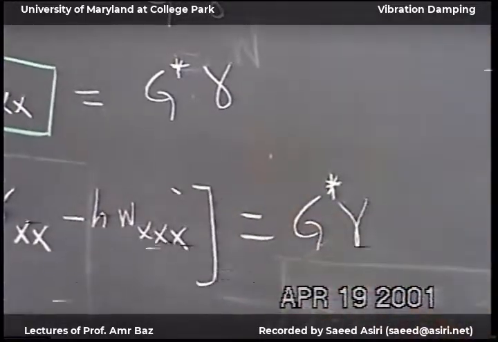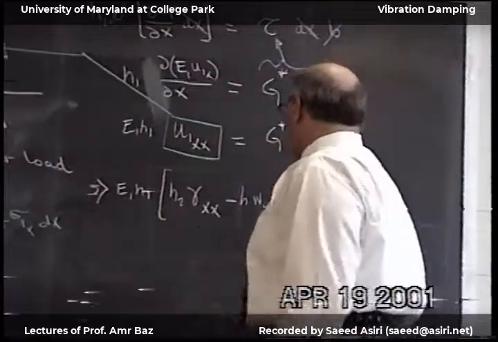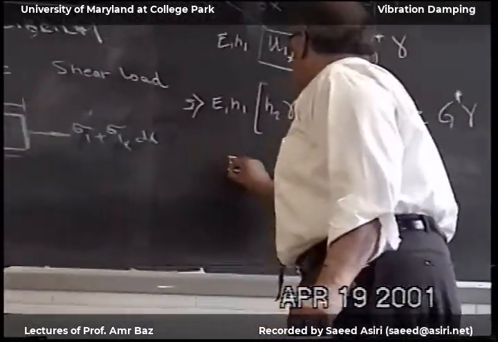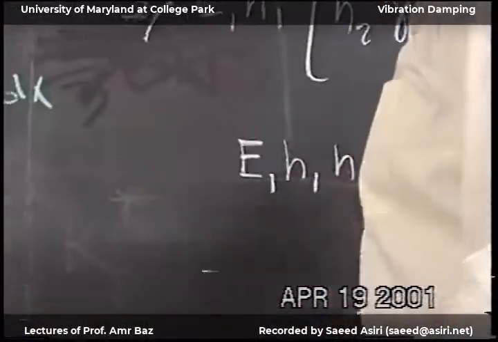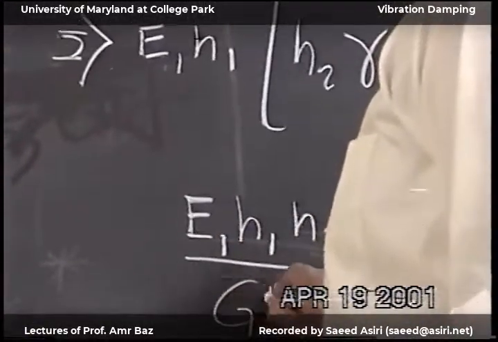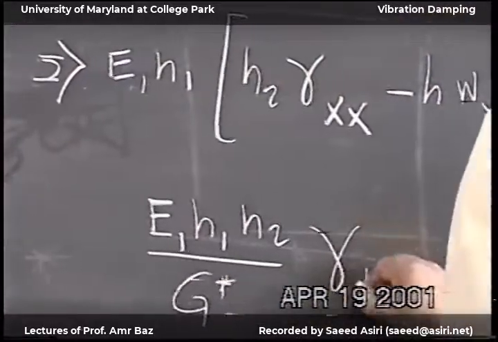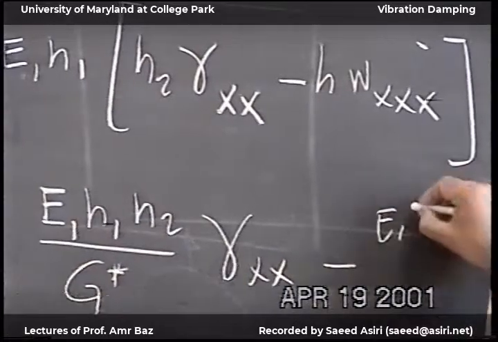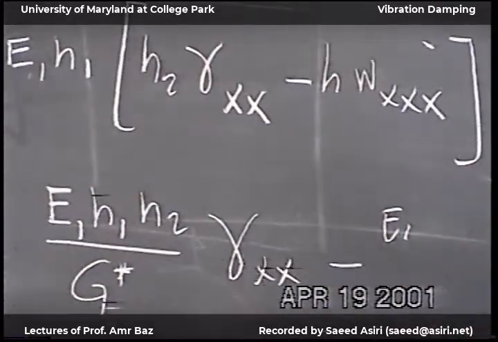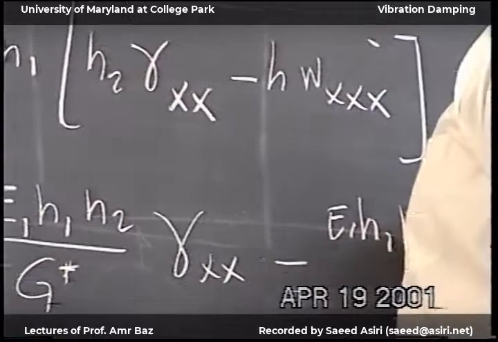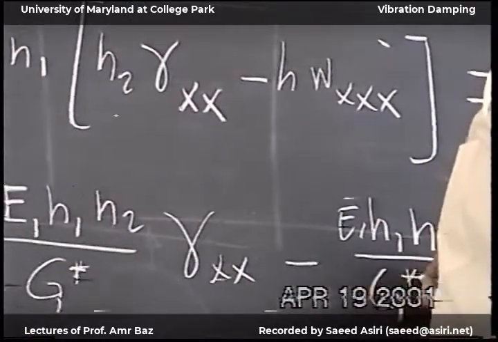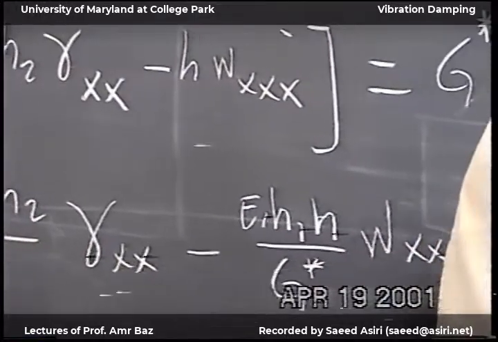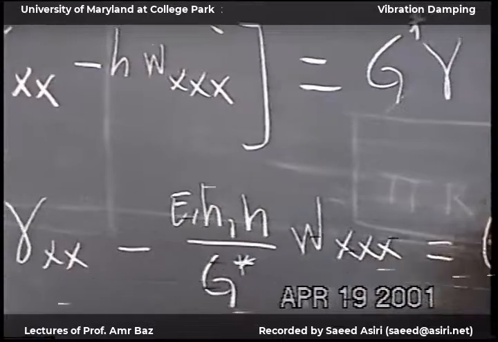And then now we clean this equation. So we'll have E1 H1 H2 divided by G G asterisk minus E1 H1 H over G asterisk W 1, 2, 3 is equal to gamma.